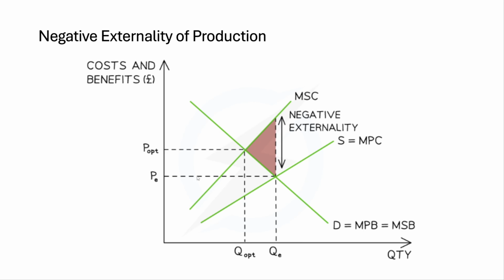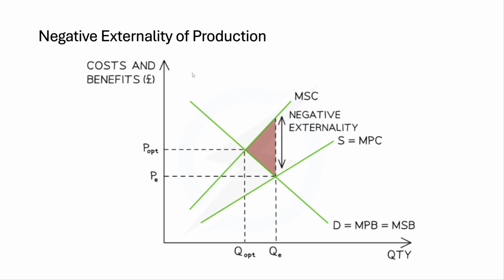The equilibrium is defined when marginal private cost intersects the marginal private benefit, because this is where the consumers are consuming, ignoring the external costs or benefits. In this case, it's the costs of their consumption. While the socially optimal quantity is where marginal social cost intersects marginal social benefit.